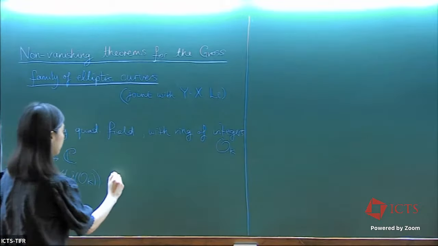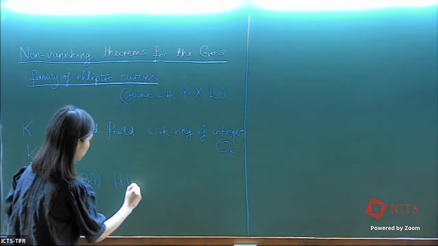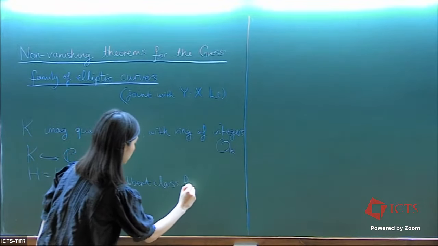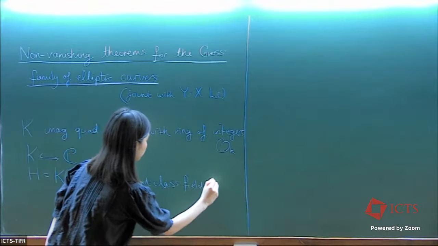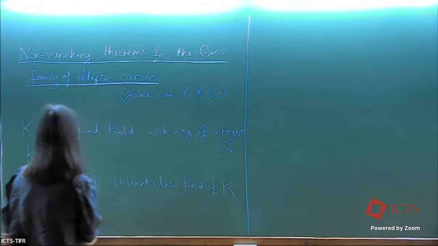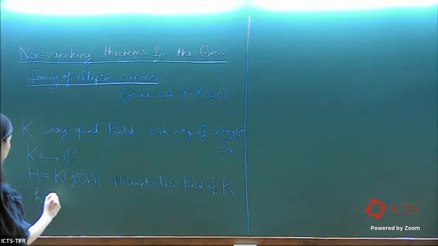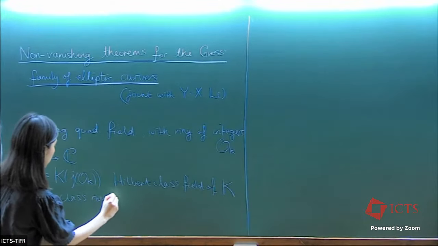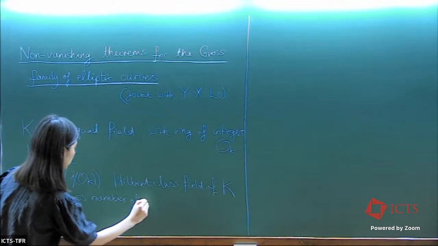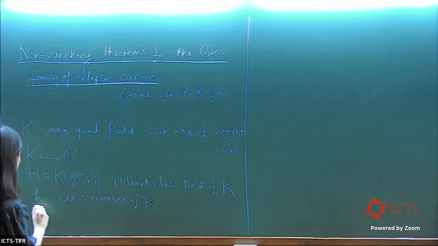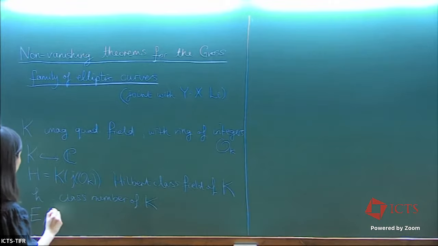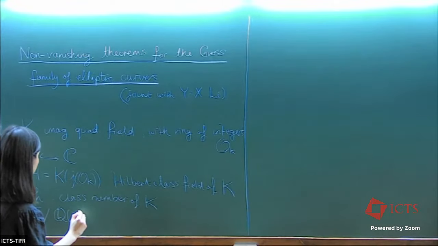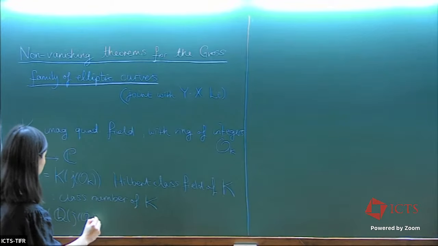So this is the Hilbert class field of K. Let's write h for the class number of K. And let E be an elliptic curve defined, let's say, over Q adjoin the j-invariant of O_K.